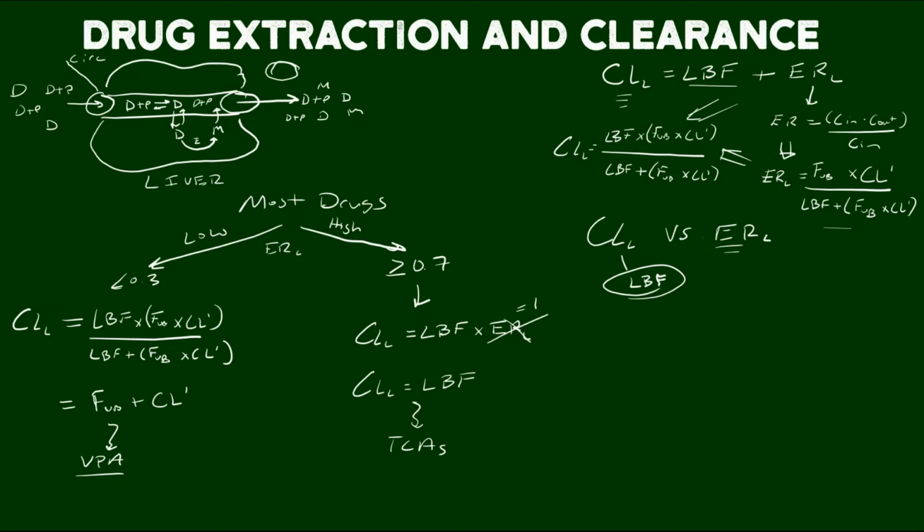And just a note, the average liver blood flow for a healthy person is around 1.5 liters per minute. So now that we have this baseline on the effect of low and high extraction drugs on the clearance in the liver, let's look at 3 different scenarios.